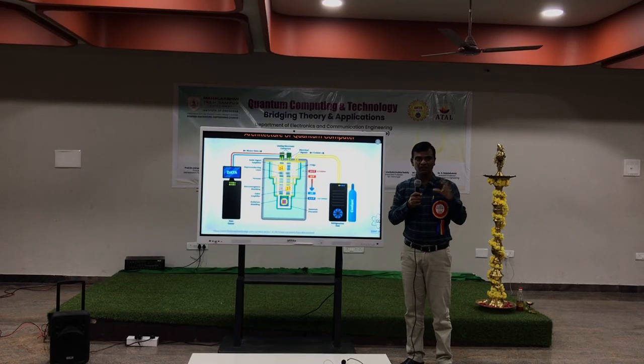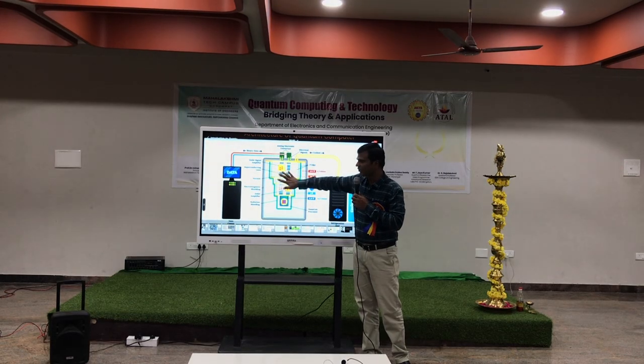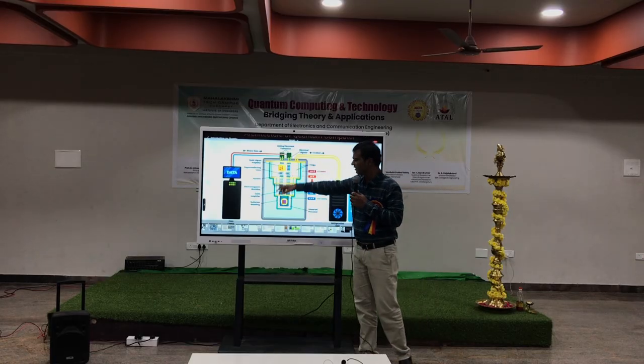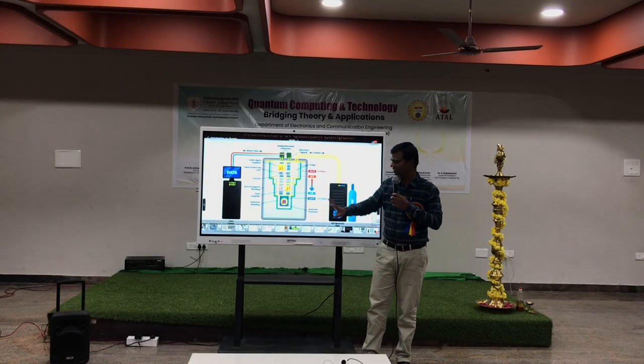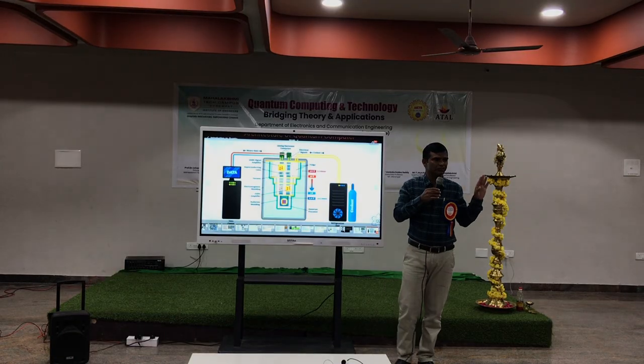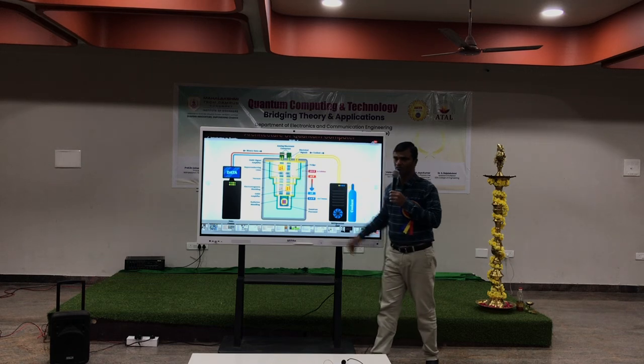To keep it intact, the coolant is pumped in always, so that the entire structure will be intact. Any environmental disturbances will not impact this structure.